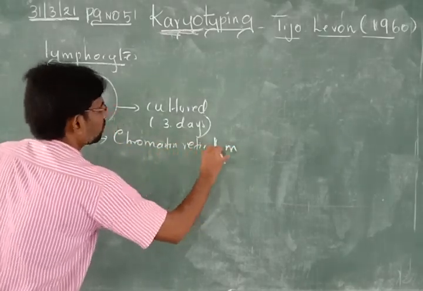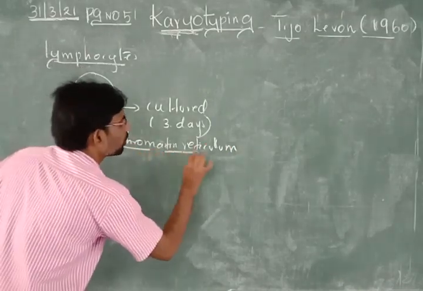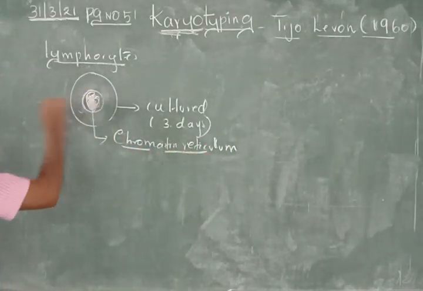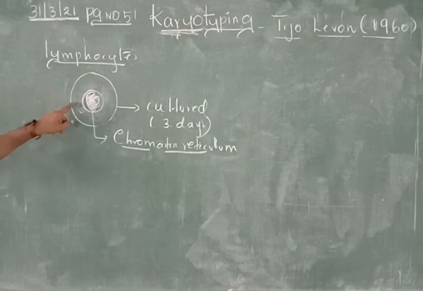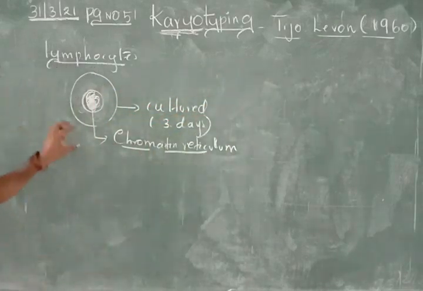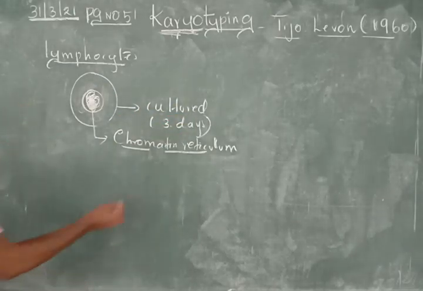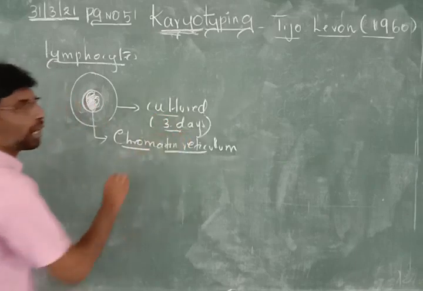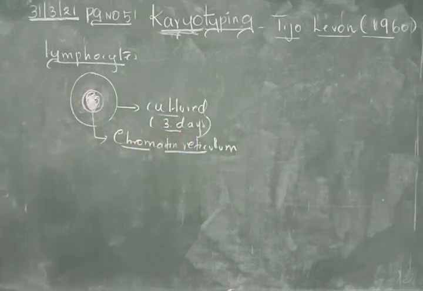So this is the structure of the chromosome present inside the nucleus. So this cell is the lymphocyte, which Theo and Levin in 1960 cultured from human blood. They cultured it for 3 days in the laboratory in the nutrition medium, and inside this nucleus we have the chromatin reticulum.